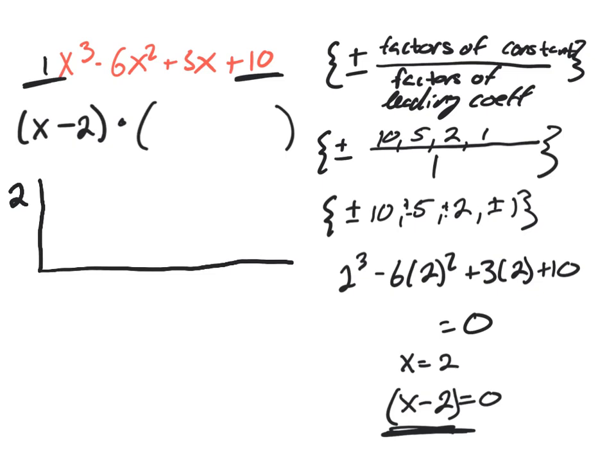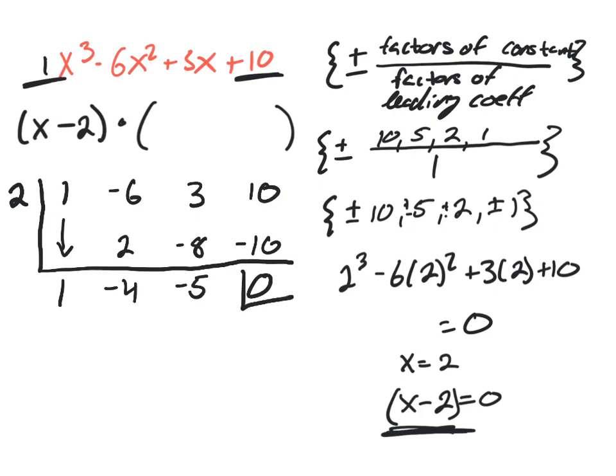All right, so my factor goes out front there, my 0, and I'm going to just write my coefficients. So we got 1, -6, 3, and 10. Make sure to put a 0 if you're skipping a degree. Okay, so 1 gets pulled down, multiplied by the 2. We add, again multiply by the 2. Add, multiply by the 2.